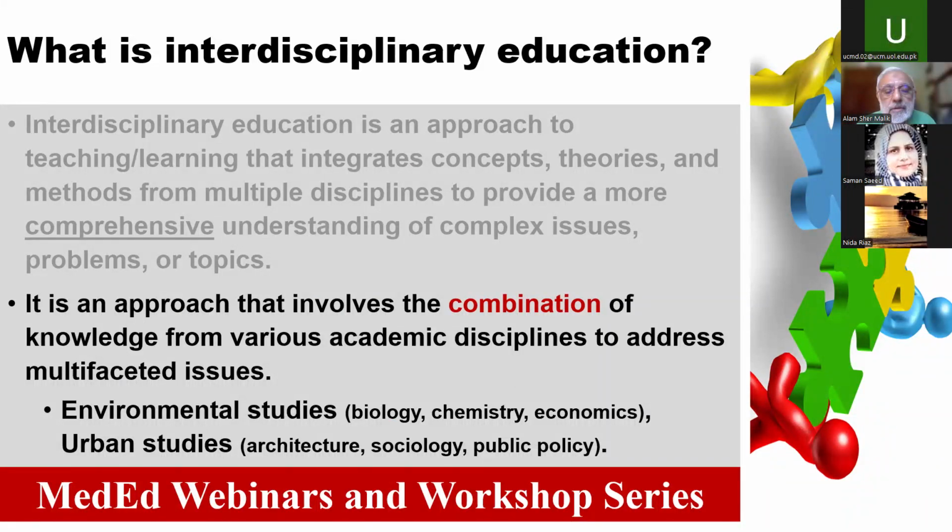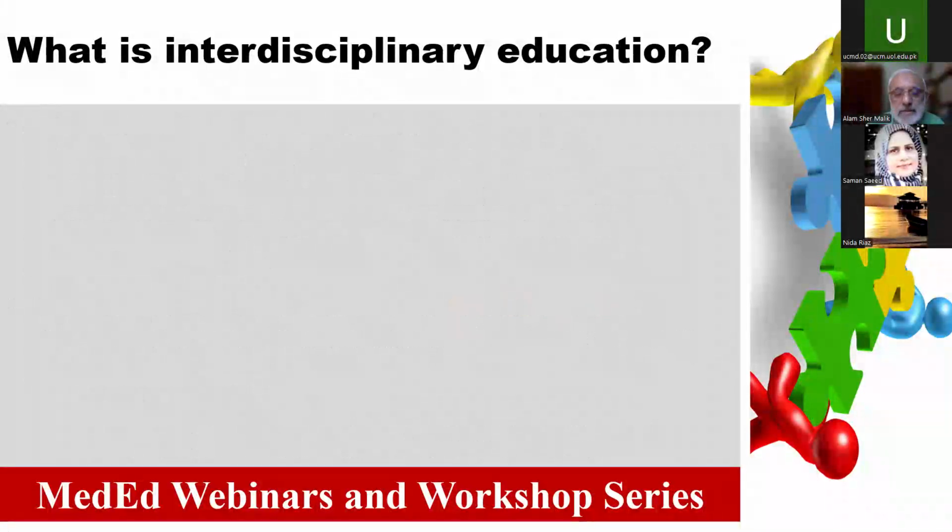In urban studies, it might involve architecture, sociology, and public policy. So it means that people who are working in environmental studies or in urban studies need to get educated in the concepts involved in these disciplines.